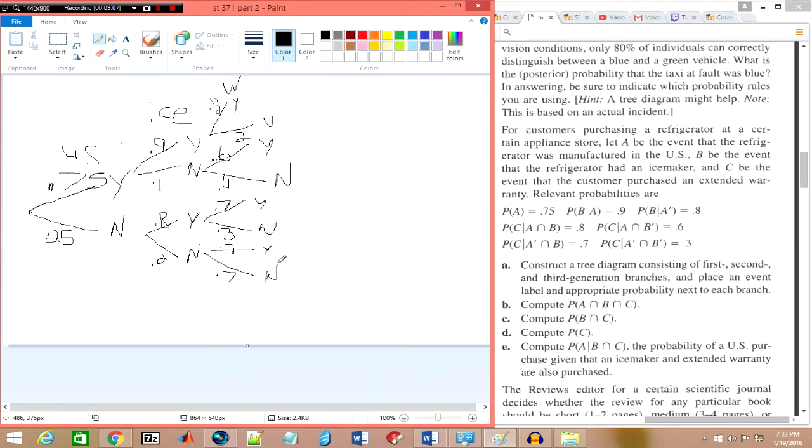There we go. I wish I could show you what it looks like on my paper. And then this is warranty. And that's going to be yes, no, yes, no. Then I need to do this one. So that's going to be, oh God, made that way too big.